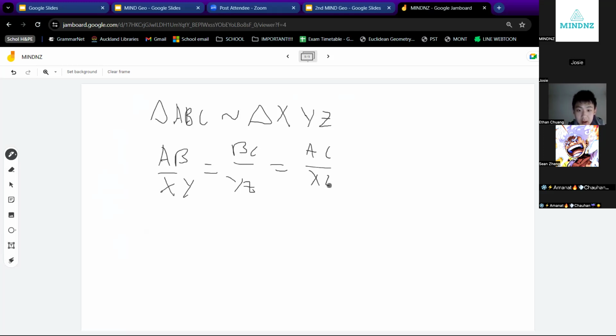If you read it like this, the first two letters of the first one will always correspond with the first two letters of this one. Then the last two letters of this one will correspond with the last two letters of this one, and so on. So AC over XZ equals AB over XY equals BC over YZ.